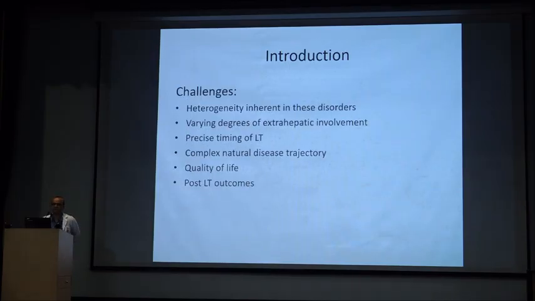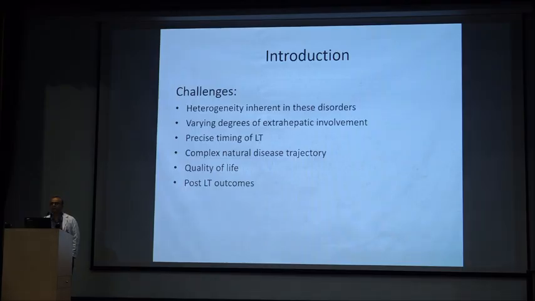But this is not that straightforward. There are definite challenges when we evaluate or undertake a child with inborn error of metabolism for transplant. First is the heterogeneity inherent in these disorders, the way they present, limited to liver with extrahepatic manifestation, the impact of liver transplantation on the disease progress, whether there is recovery from the neurological complication, whether they will progress or they will remain like that.